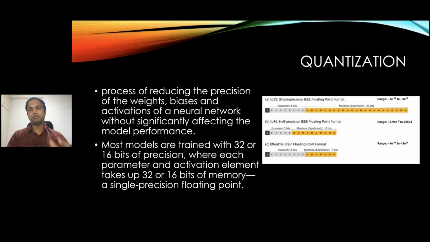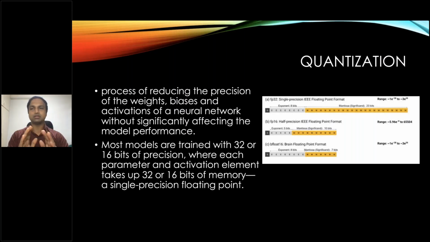Now, if you look at quantization itself, you can see on the right hand side there are different floating point formats. We have FP32, which is called full precision, FP16, half precision, and BF16, which is a modification of FP16. It all depends on the way it is represented, and the ranges also vary.